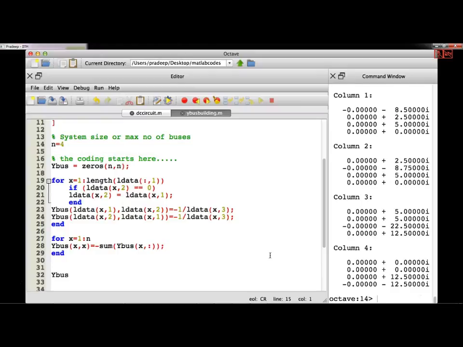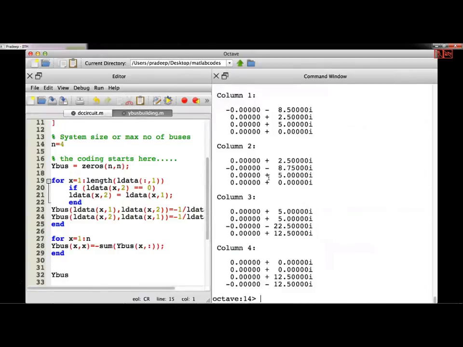So that's it. So I got the Y bus. So since it is difficult to read, what I'll do is I'll just print the imaginary component of Y bus. So if I just write imag Y bus, then I get the imaginary component of Y bus because the real component is anyway zeros.